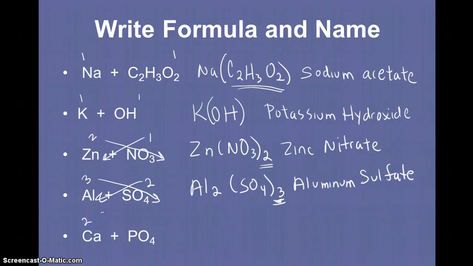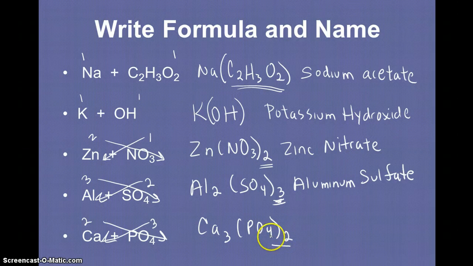Last one, calcium. Calcium has an oxidation state of 2. Phosphate has an oxidation state of 3. Again, the 2 is going to go here, the 3 is going to go here. We are switching those oxidation states. Ca3(PO4)2. We now have 8 oxygen, 2 phosphorus, and 3 calcium.